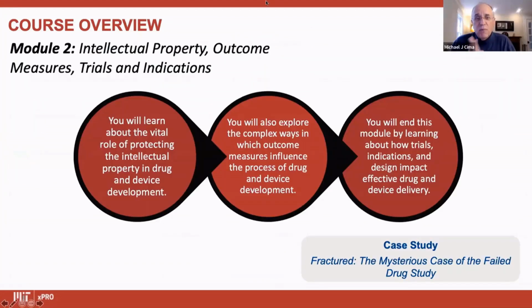So yeah, intellectual property, outcome measures, trials, and indications. Okay, so intellectual property, as I'm sure many of you know, is a very important part of medical products. The development timeline is extremely long, and you're inevitably having to disclose what you're doing.